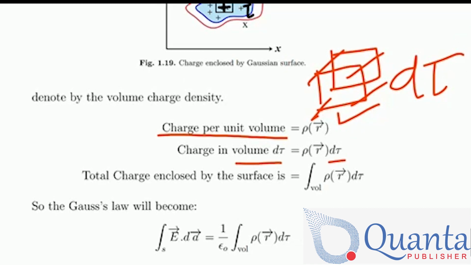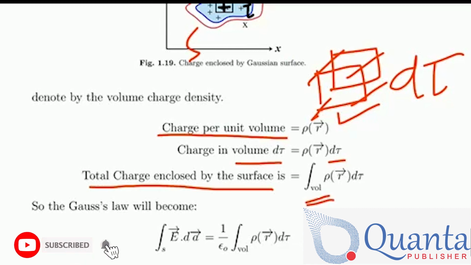And if you want to calculate the total charge enclosed by that surface S, we integrate this equation, and the integration will give us the total charge enclosed by that surface, whereas on the right hand side you see that the integral is performed over a volume and rho into d tau.